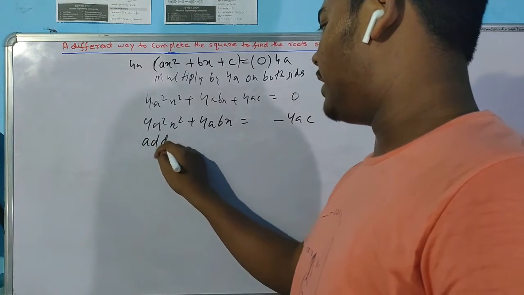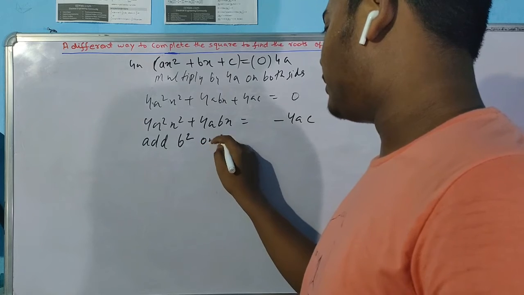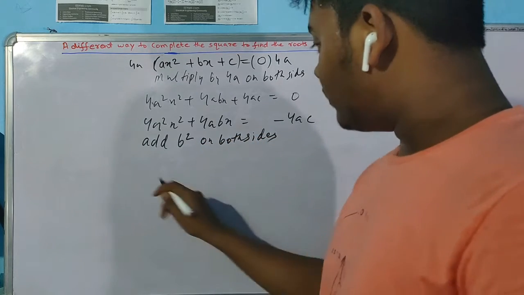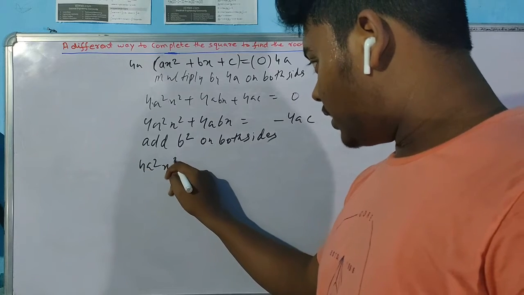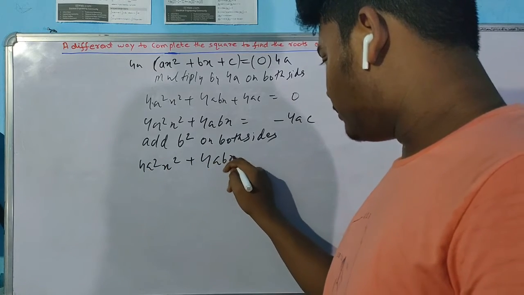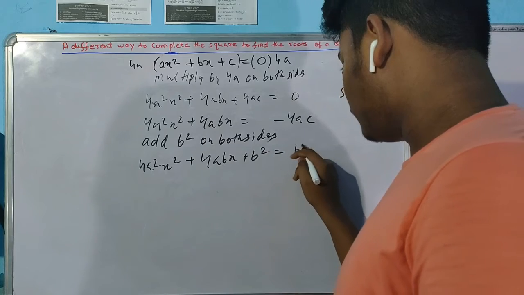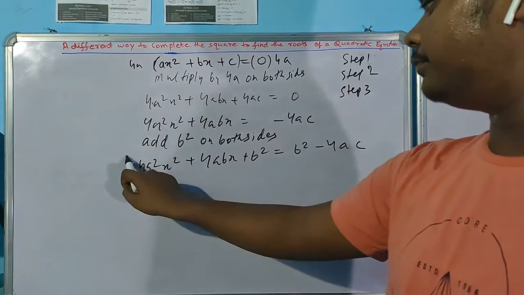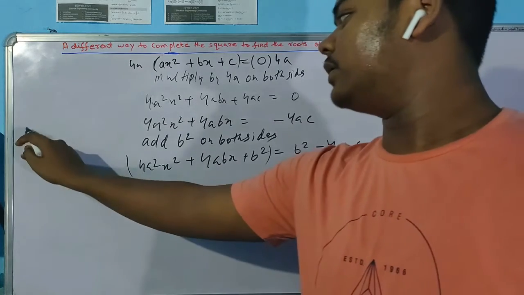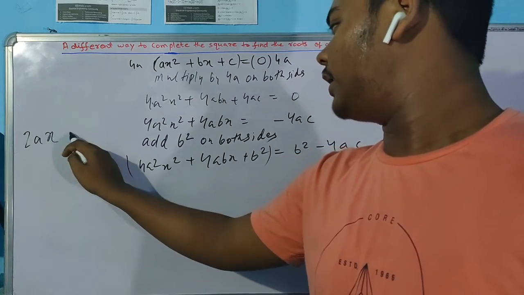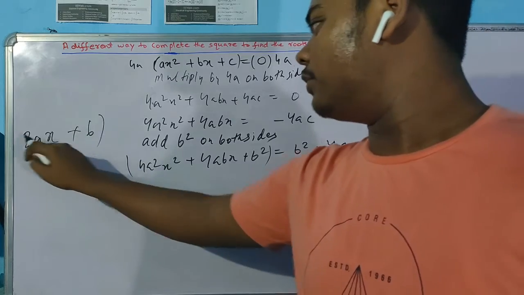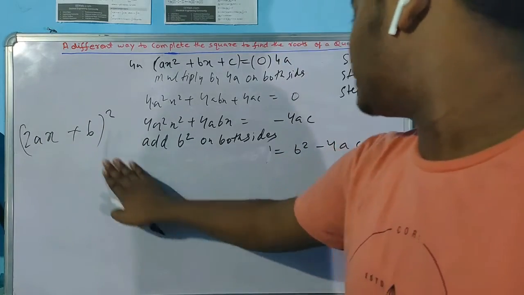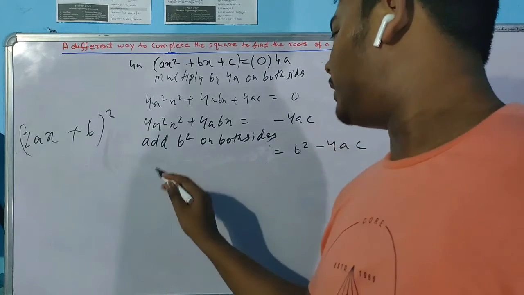The third step is to add b square on both sides. Now this is nothing but 2ax plus b whole square. When you solve this, you will get this. So we can just remove this and write that.